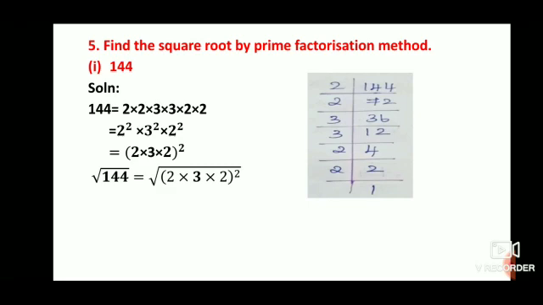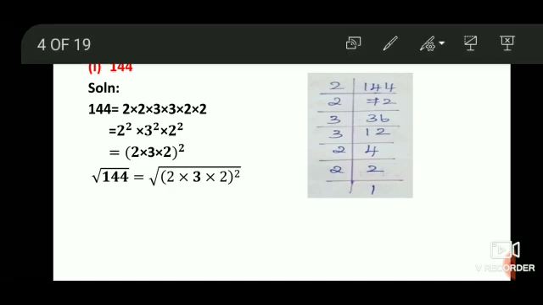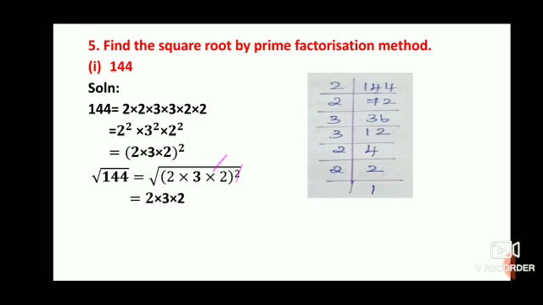Root 144 is equal to root of 2 into 3 into 2 the whole squared. So root and the whole squared get cancelled. See the next step. So remaining 2 into 3 into 2. So the final answer, root 144 is equal to 12. 2 into 3 is 6, 6 into 2.